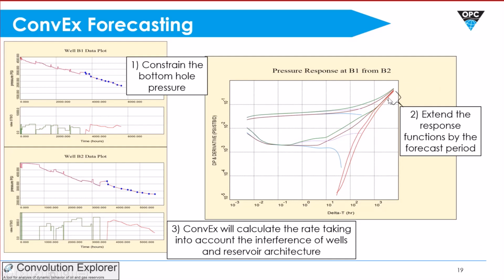But also we have to extend the response functions. In this case, my reservoir was in pseudo-steady state, which means there's a unit slope in late time. So pseudo-steady state would continue for the 2,000-hour forecast time. And from that, ConvEx will calculate the rate, taking into account the interference of the wells, reservoir architecture, how each well would be operated, bottom hole pressure, and this would be the rate.